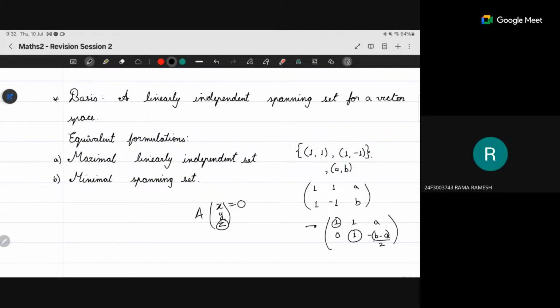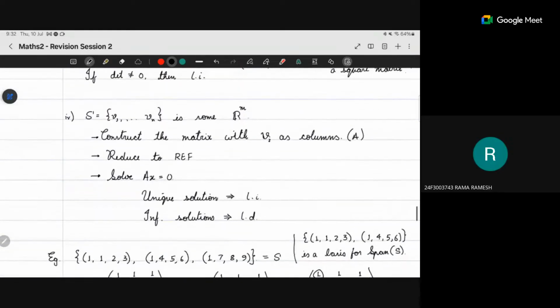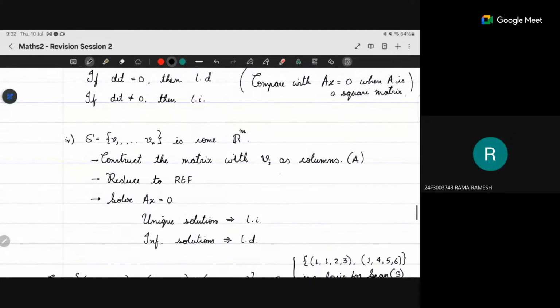This one precisely. So what did we say over here? We said construct the matrix with the vi's as columns, call it A, and solve for Ax equal to 0. What is Ax equal to 0? It's a homogeneous system of linear equations with, in this case, m equations and n variables.